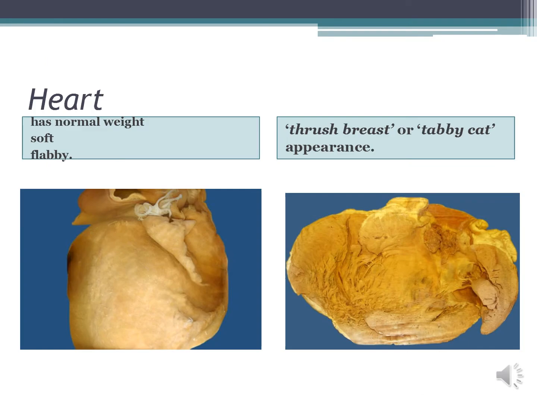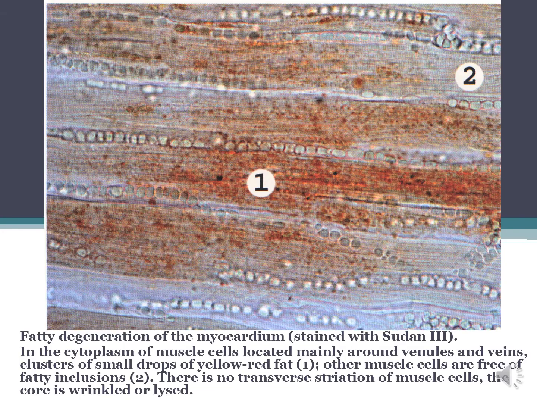Let's go back. Here you see some stripes, darker brown and lighter yellow. Fatty degeneration of myocardium stained with Sudan III. Here in this picture again, we see in the cytoplasm of muscle cells located mainly around venules and veins clusters of small drops of yellow-red fat.